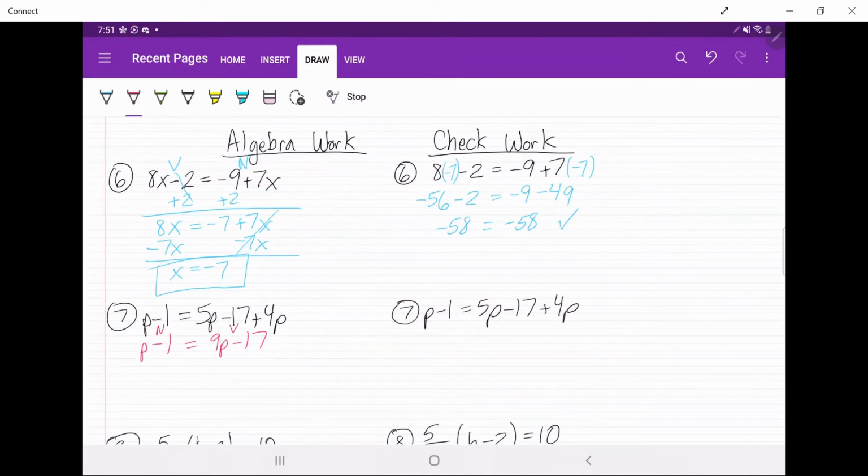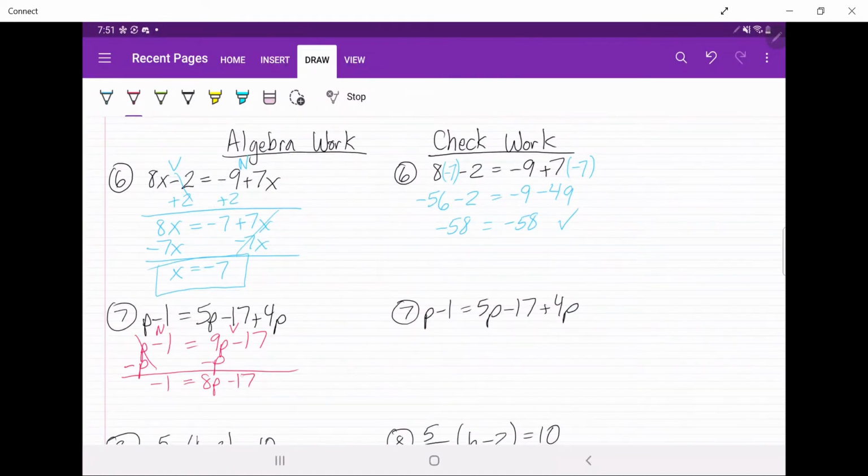Since 9 is a bigger value than 1, we will need to remove all the variables on the left hand side. So we have a positive p, so we remove that by subtracting p on both sides. Our simplified equation is now negative 1 equals 9p minus p is 8p minus 17.